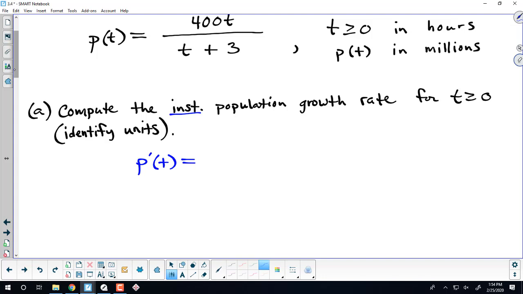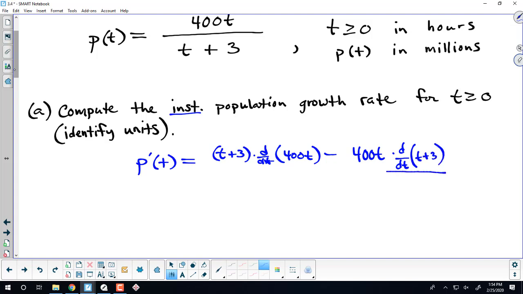And we have a quotient, so we're going to apply the quotient rule: bottom times the derivative of the top, 400t. Bottom times the derivative of the top, minus the top times the derivative of the bottom, all over the bottom squared.